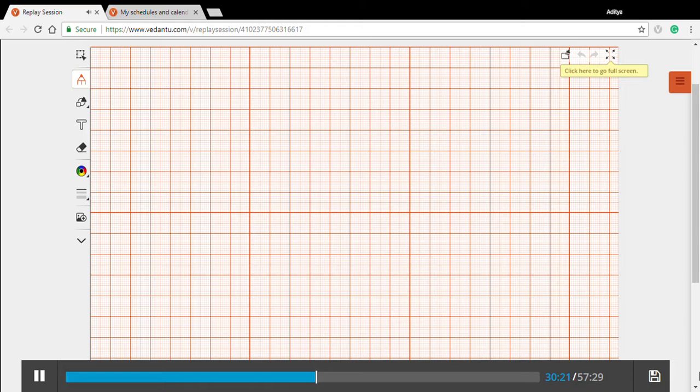This is the object, and the dilated image's upper vertex is at 1, 2, 3, 4. It goes like this, and it's touching somewhere here. Let me just count. One, two, three, four. One, two. Yeah, it's okay. So that's the actual diagram given to us in the B part.